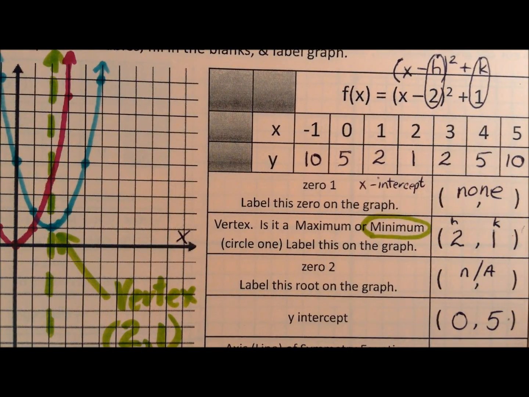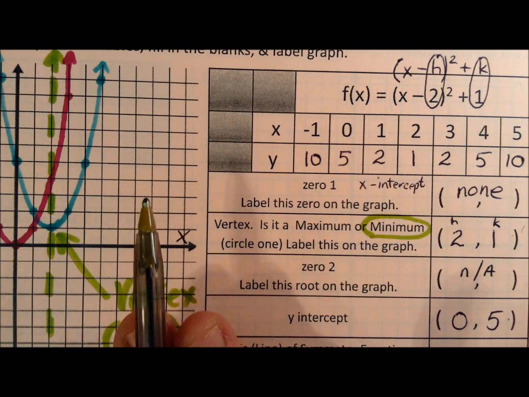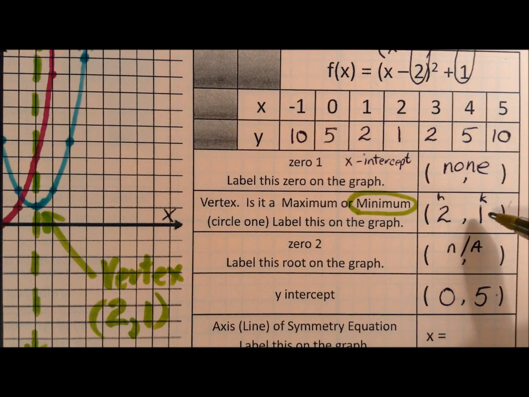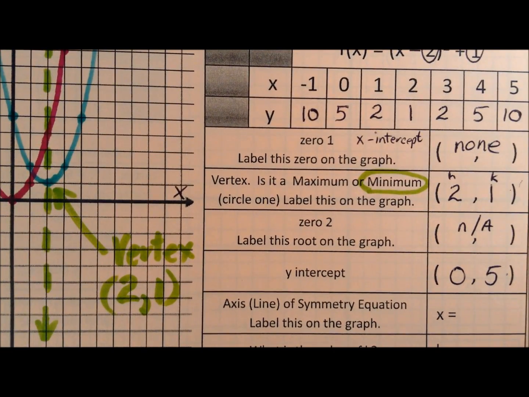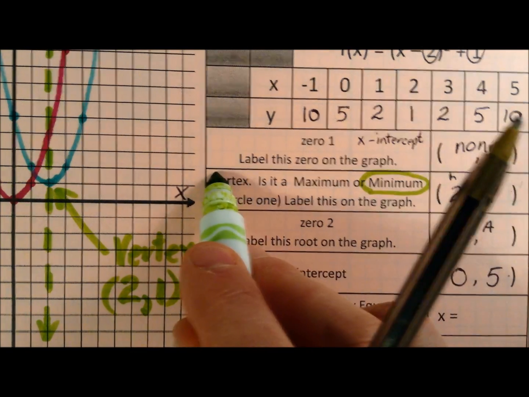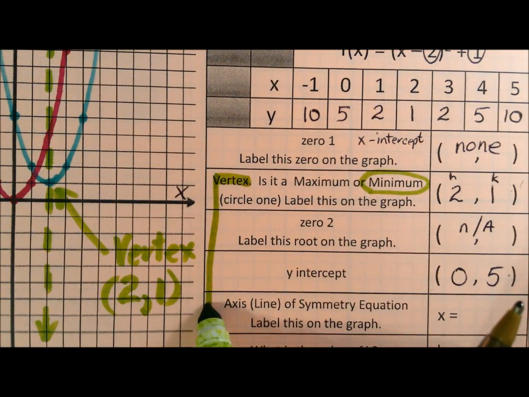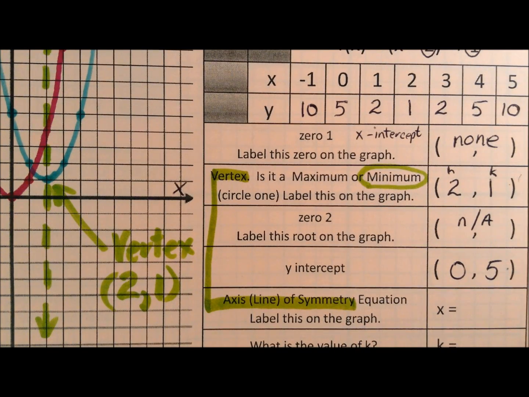Now that is no longer the case. It has shifted to the right. So don't be freaked out by the fact that these aren't the same answers like they were on day 1. Okay? Now, my vertex, remember your vertex goes with your line of symmetry.